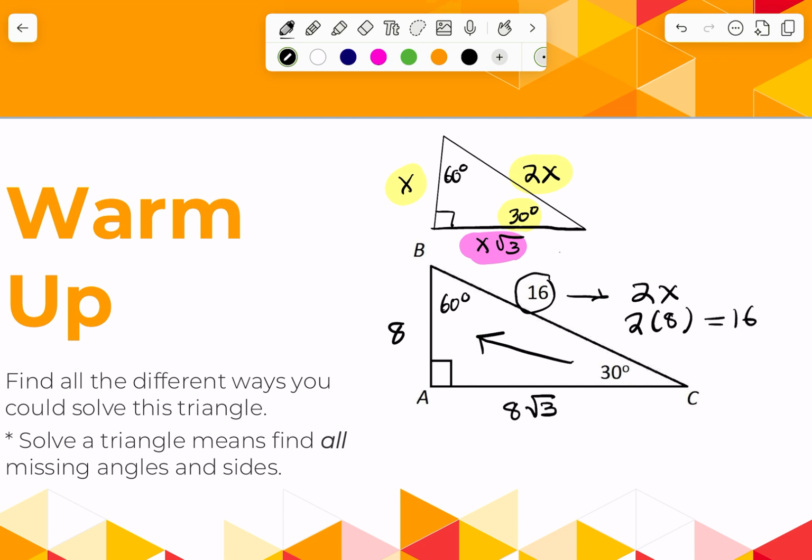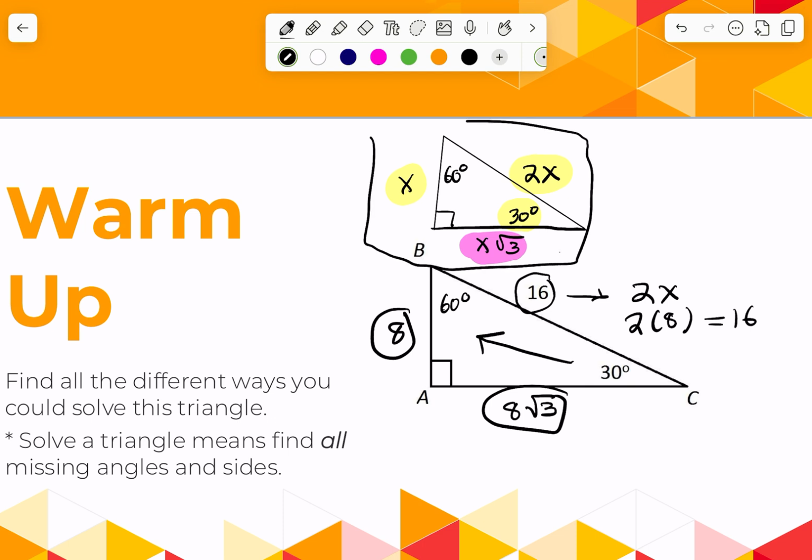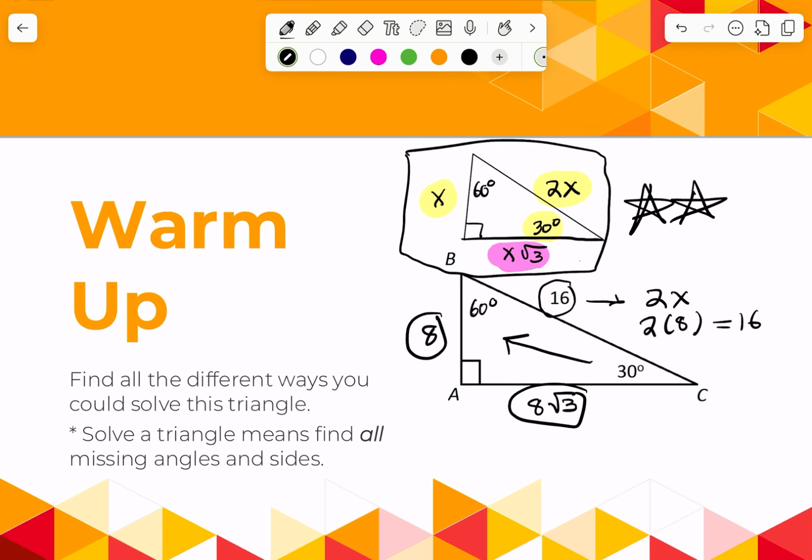I don't know if you recalled, but these were the same numbers that we got previously when we used sine and the Pythagorean theorem to solve this triangle. Because it's a special right triangle called a 30, 60, 90, we did not have to use trig or the Pythagorean theorem. If we just remembered this, it allowed us to do this problem quickly. And that's why it's called a special right triangle.